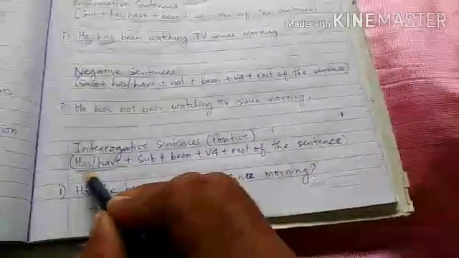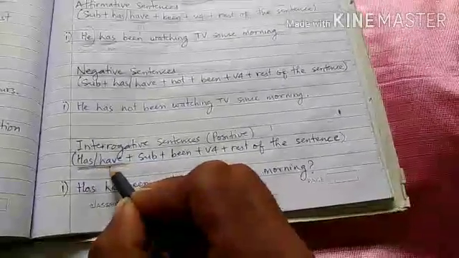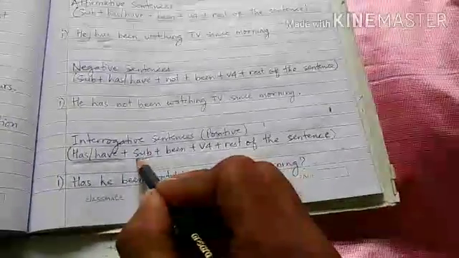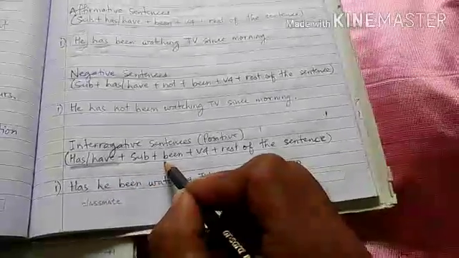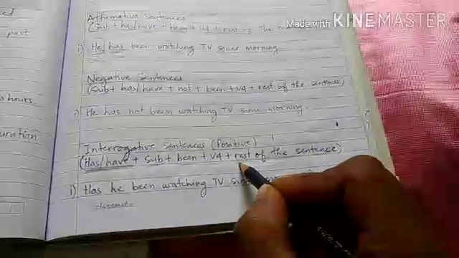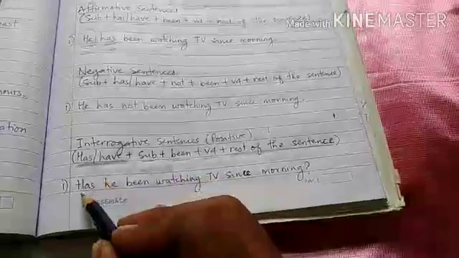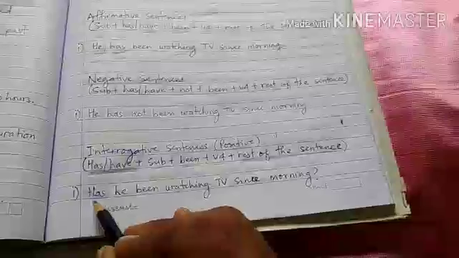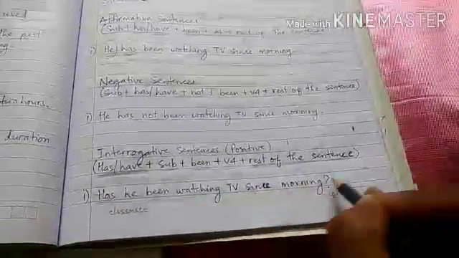So here we will use has or have before the subject. After that, has or have plus subject plus been plus V-ing plus rest of the sentence is the structure of interrogative sentences in positive form in the present perfect continuous tense. Like, has he been watching TV since morning? Question mark. This is the positive interrogative sentence in the present perfect continuous tense.